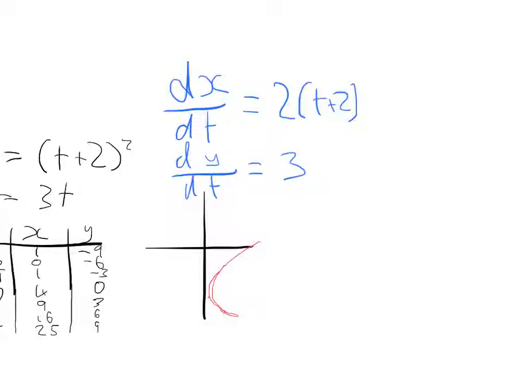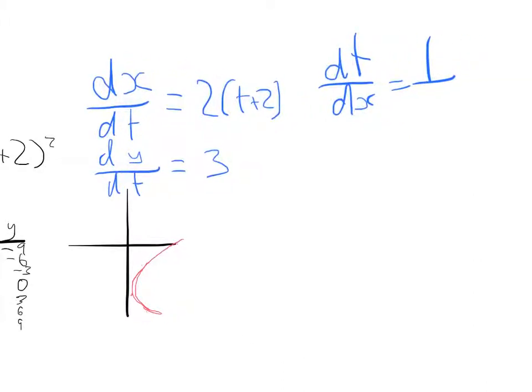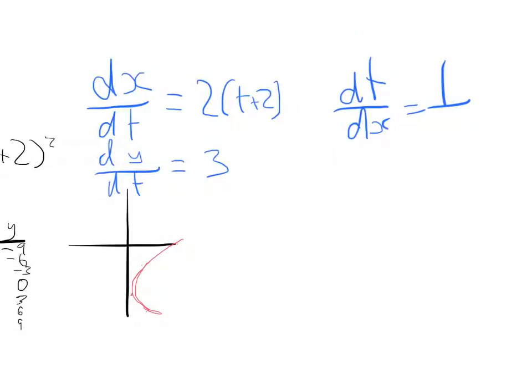So this means that dt over dx is going to be 1 over (2t plus 4). Just expanding that because it's going to be useful.